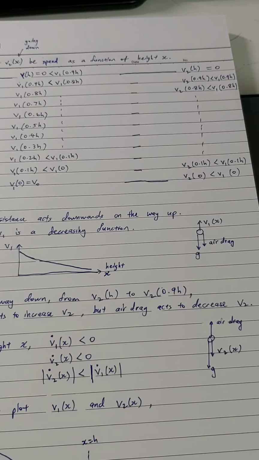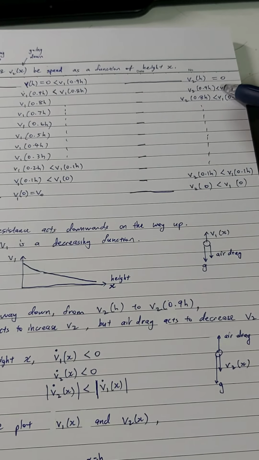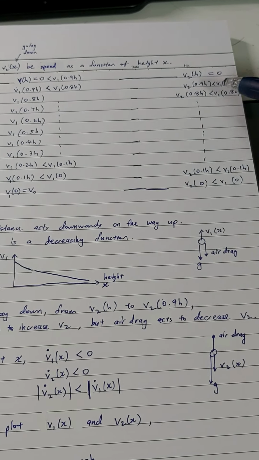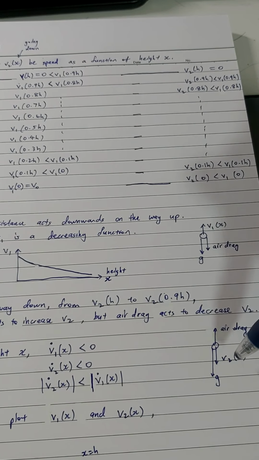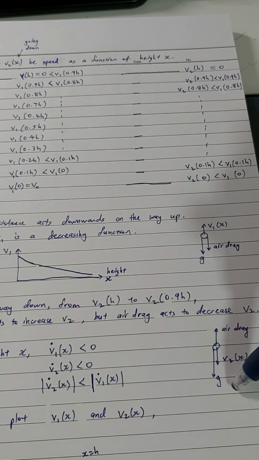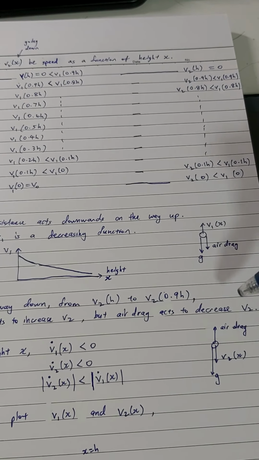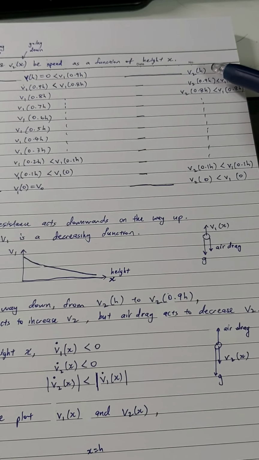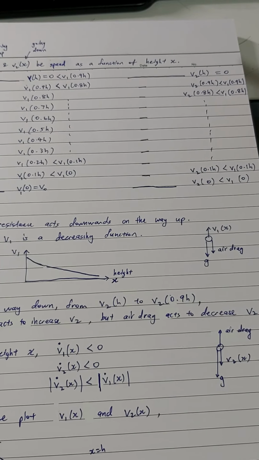However, when the ball is falling from here down to here, the air drag is acting against gravity, meaning that you have gravity minus air drag that increases the speed from 0 to, let's say, half a meter per second.